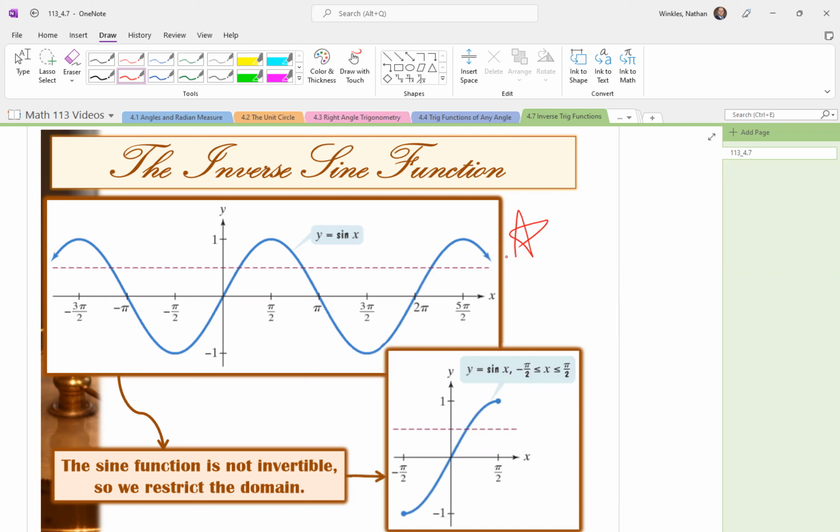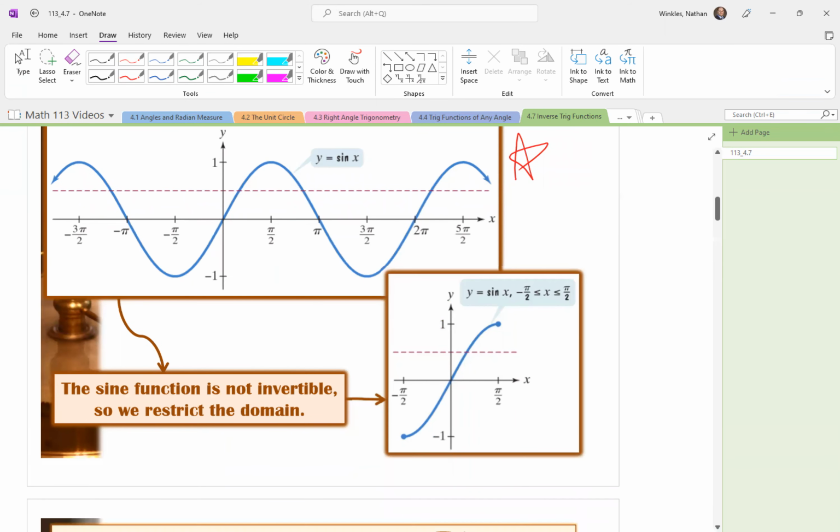Since all inverses have to be unique, just like we learned in a previous math course, we need to restrict some things. So instead of taking the entire sine function, we're going to take one little sliver of it. We're going to cut it from negative pi over 2 to pi over 2, and that gives us this piece right here.